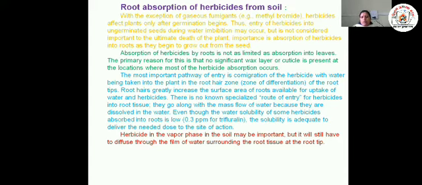Even though the water solubility of some herbicides absorbed into the root is low, the solubility is adequate to deliver the needed dose to the site of action. Okay, the water solubility of some herbicides does not matter, because at least an adequate dose is necessary to reach the root of that weed and get the weed killed.